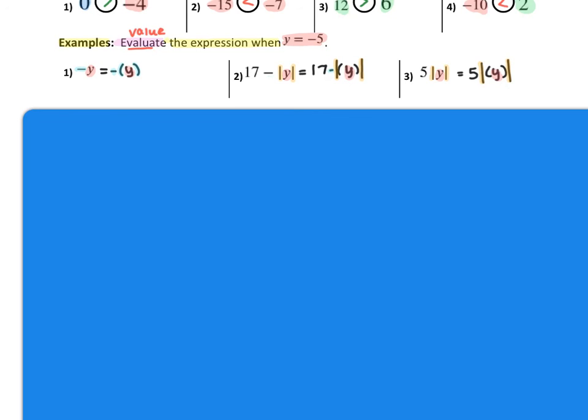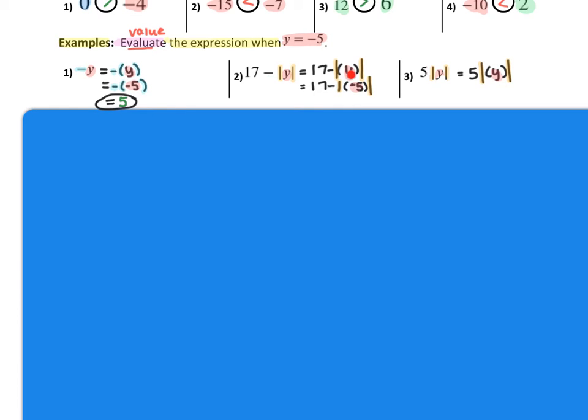For example 1, we're finding the opposite of y. So when we replace y with -5, we have the opposite of -5. Well, the opposite of -5 is +5, so +5 is our answer for expression number 1. For expression number 2, we're taking 17 minus the absolute value of y.